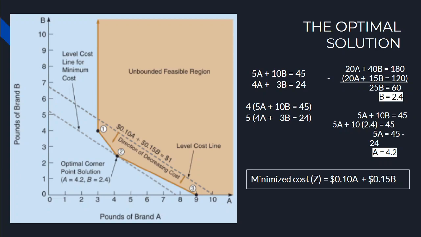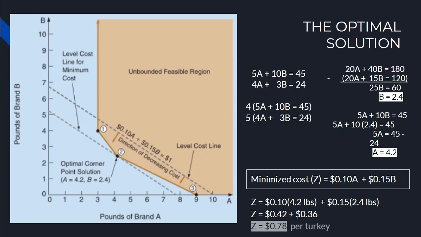So, to proceed with the equation, isa-substitute lang natin yung value ng A and B natin. So, we will get 10 cents times 4.2 plus 15 cents times 2.4. Therefore, our minimized cost will be 78 cents per turkey.